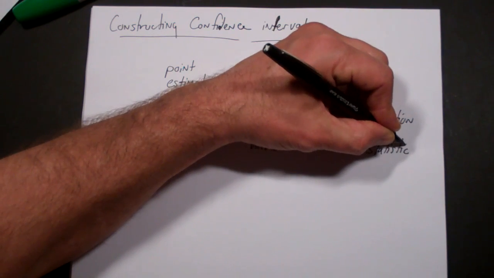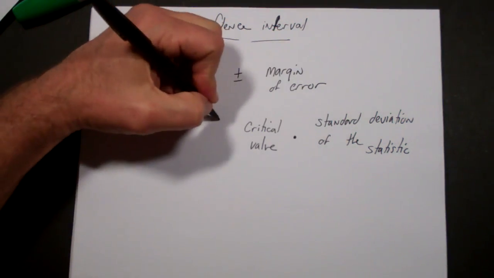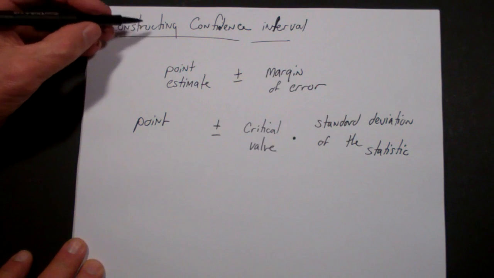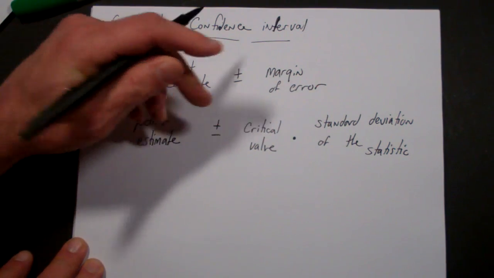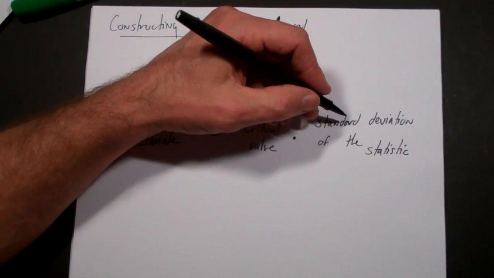And though this is pretty conceptual here, in the following sections we'll actually calculate some of these, and I think it'll be more clear. But the general idea is that every confidence interval has a point estimate plus a margin of error, and the margin of error itself has two different parts, what's called a critical value and a standard deviation of the statistic.